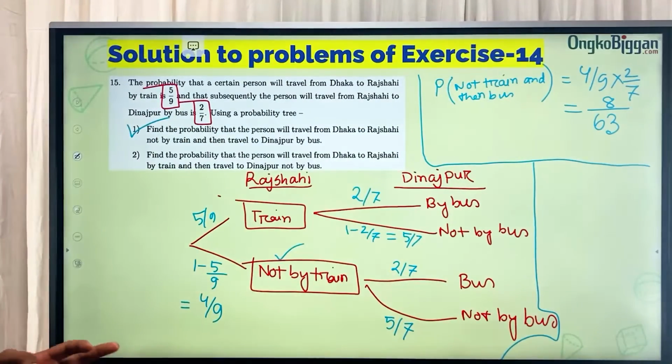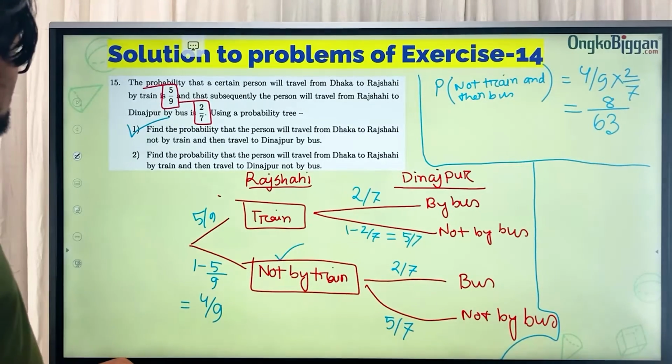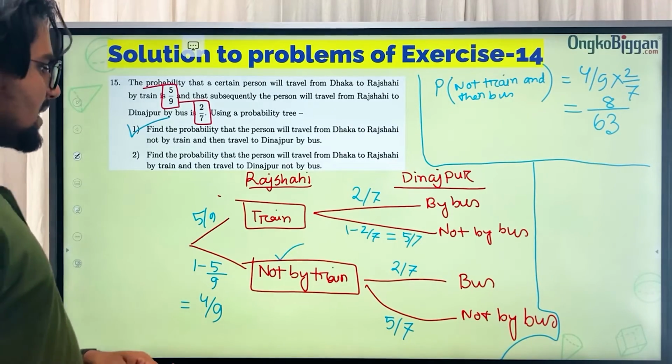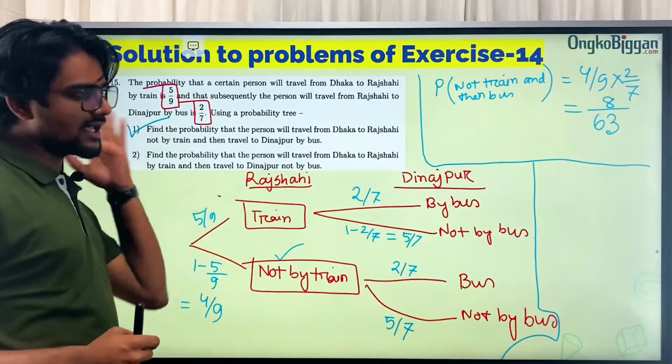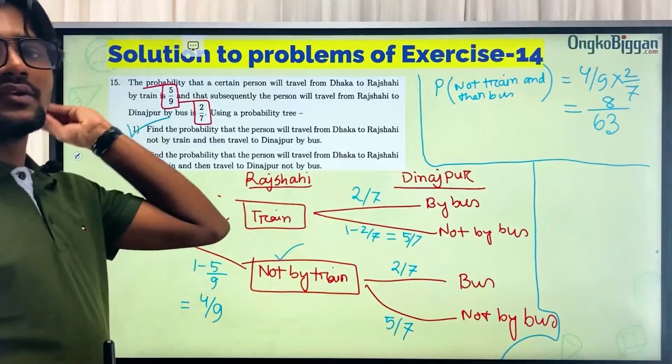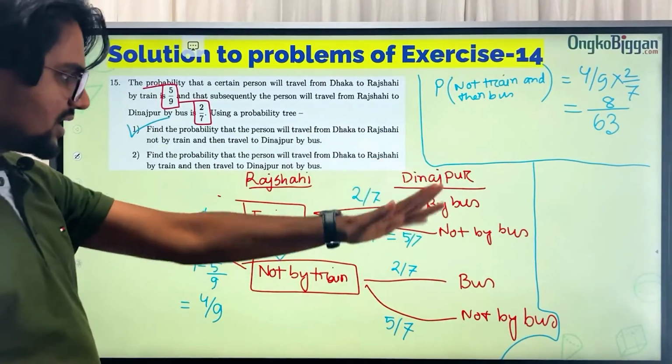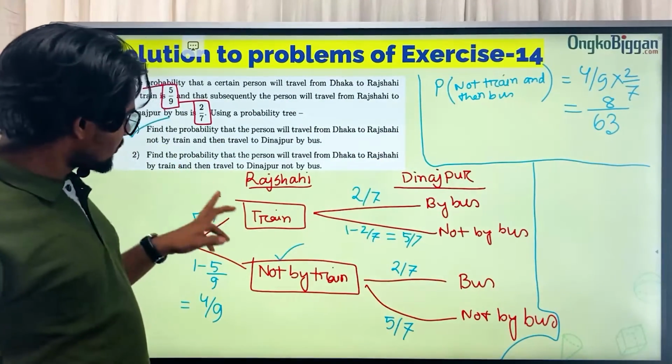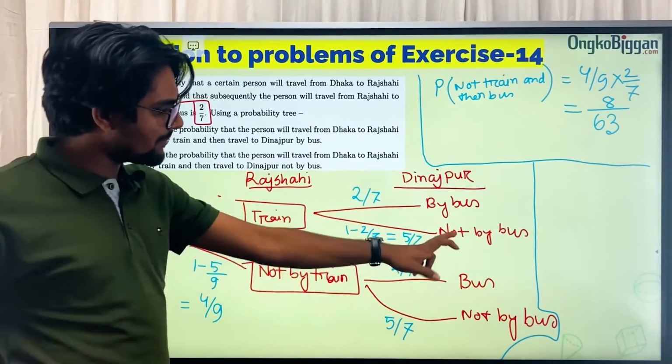Similarly, find the probability that the person will travel from Dhaka to Rajshahi by train and then travel to Dinajpur not by bus. So he moves to Rajshahi by train and then skips the bus, or uses the same train to go to Dinajpur. So it will be train into not by bus.